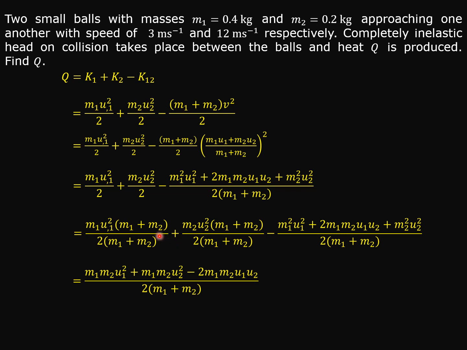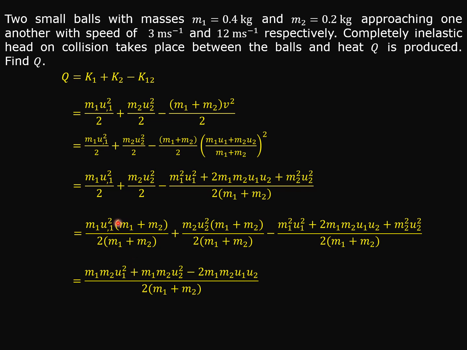Now if we expand the numerator of the first term and the numerator of the second term, and then subtract the numerator of the third term, we will get this answer.